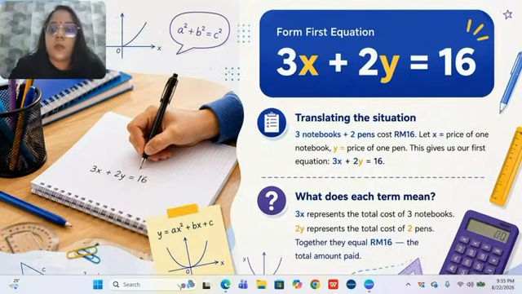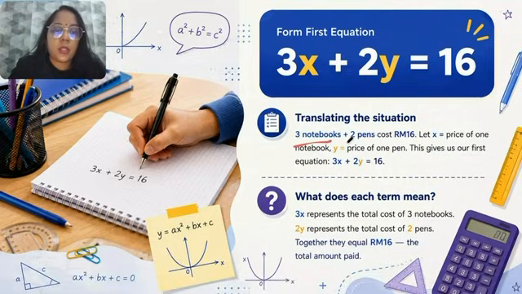Alright, now let's use the first statement. Three notebooks plus two pens cost RM16. We just established that three notebooks cost 3x and two pens cost 2y.